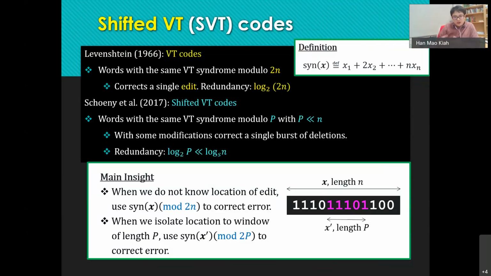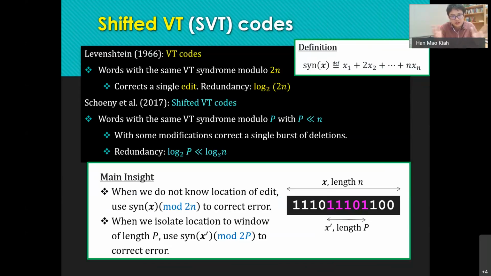And the question is, why can we take a VT syndrome over a smaller modulo value? Again, we are going into real technical details. The broad approach is to make use of certain knowledge gained from decoding our upper sequence to help me decode the lower sequence.